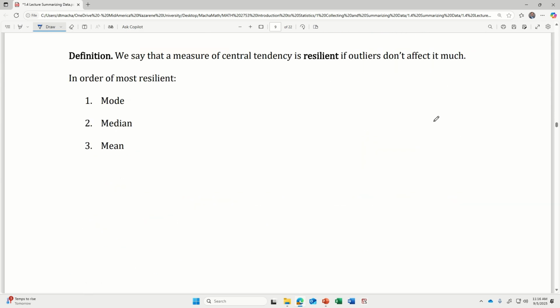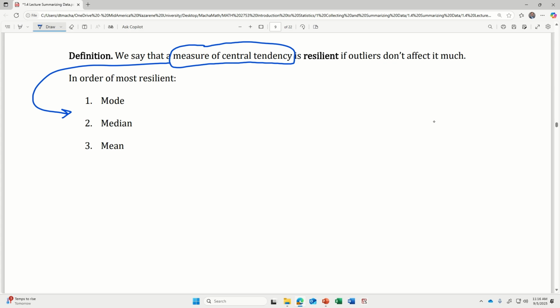I also mentioned this before, but I'll say it again. And I should say this too. When I say measure of central tendency, there are 3 measures of central tendency. The 3 measures of central tendency are the mean, the median, and the mode, okay? If I say measures of central tendency, I'm talking about those 3 descriptive statistics.